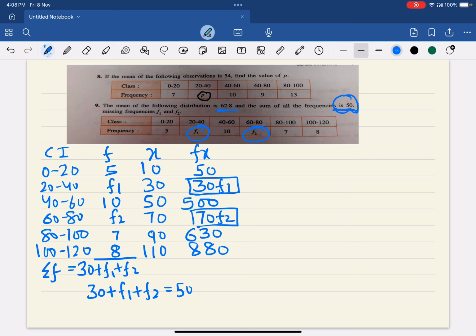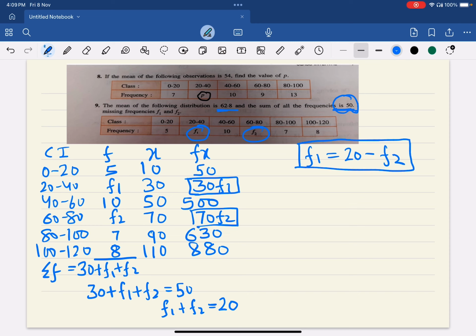So if you solve this, we will get F1 plus F2 equals 50 minus 30, which is 20. And we can also write that F1 equals 20 minus F2.